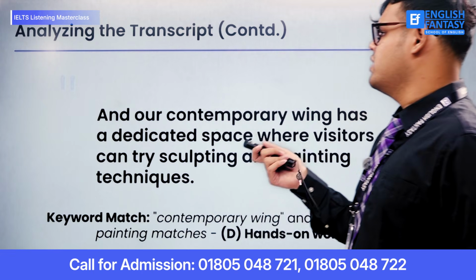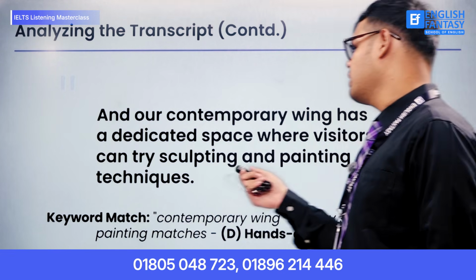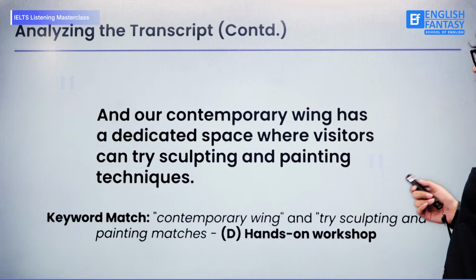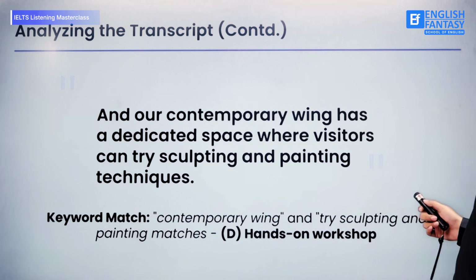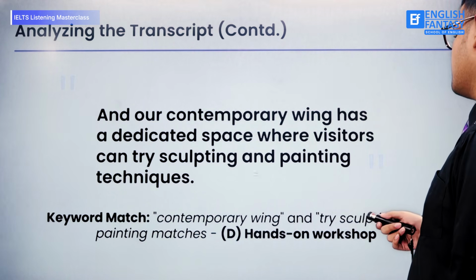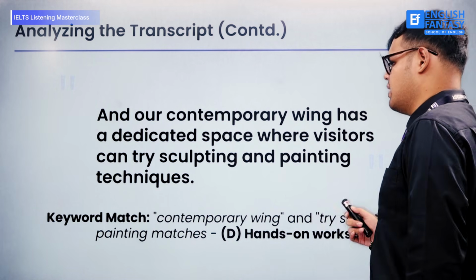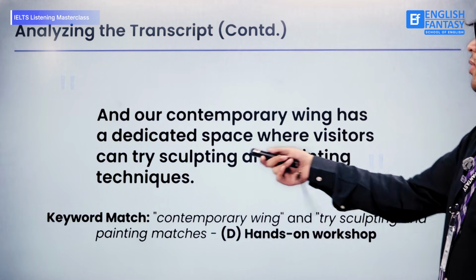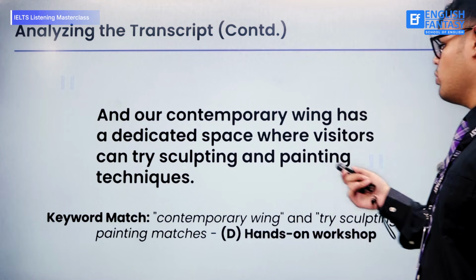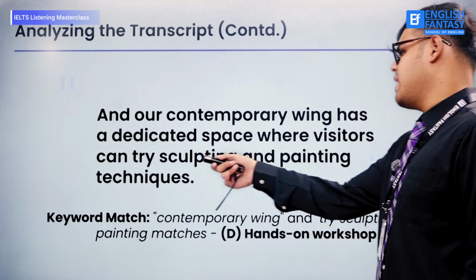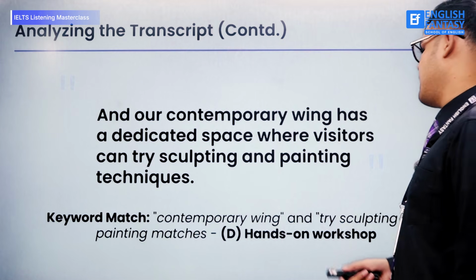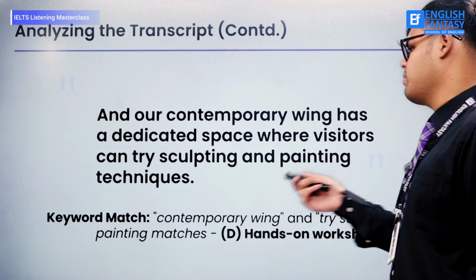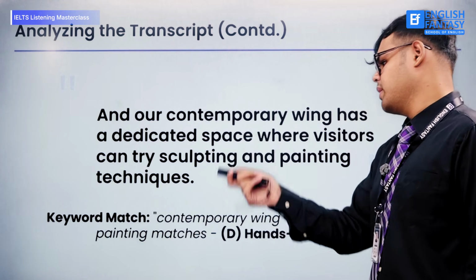Continuing with analyzing the transcript: our contemporary wing has a dedicated space where visitors can try sculpting and painting techniques. So this is what's being played in the audio, yeah? We understand that there is a dedicated space where visitors can try painting and sculpting themselves.